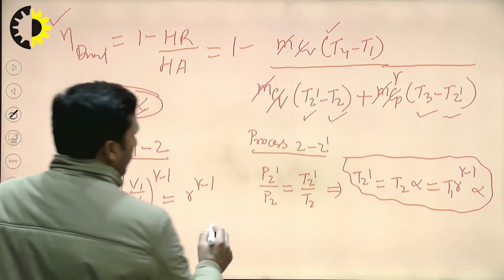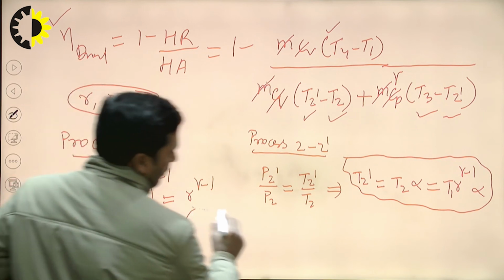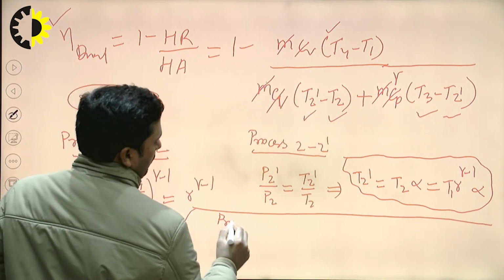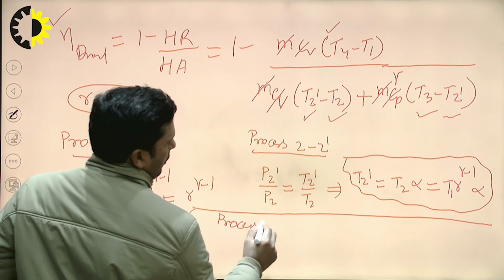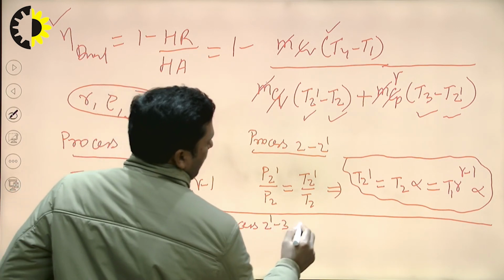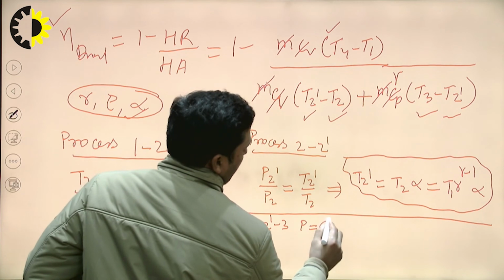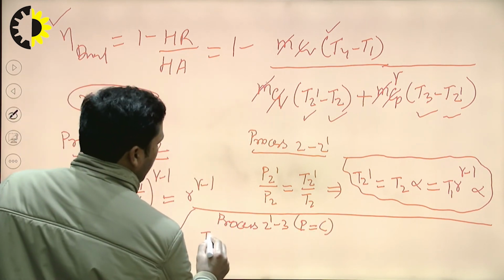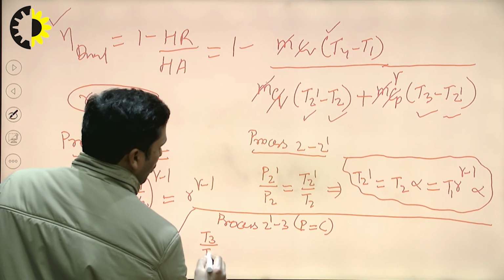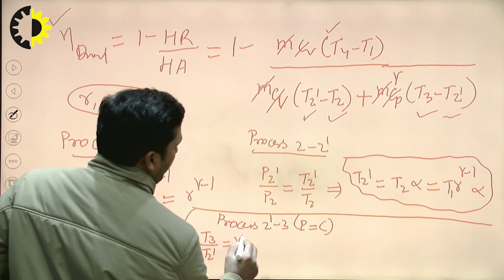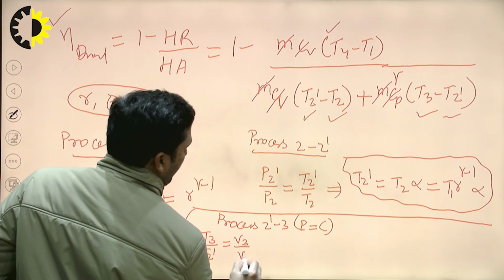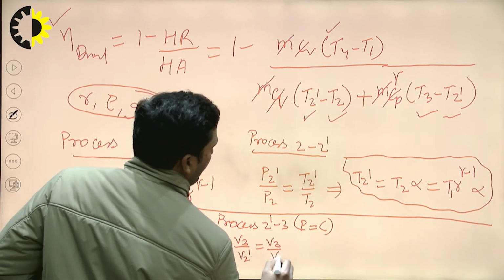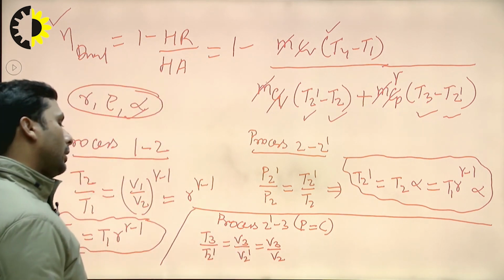So, if we move to the process 2 dash to 3, that is a constant pressure process. In a constant pressure process, T3 by T2 dash will be equal to V3 by V2 dash, or V3 by V2, because process 2 to 2 dash is a constant volume process.